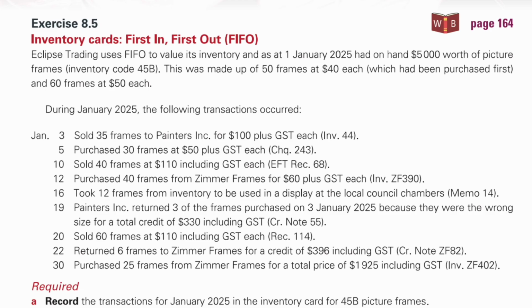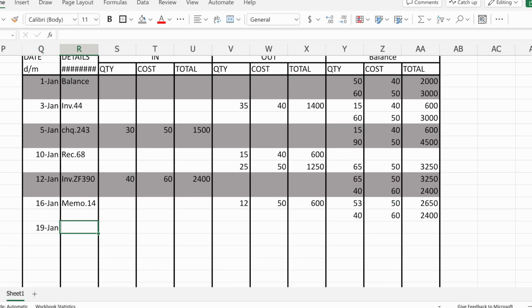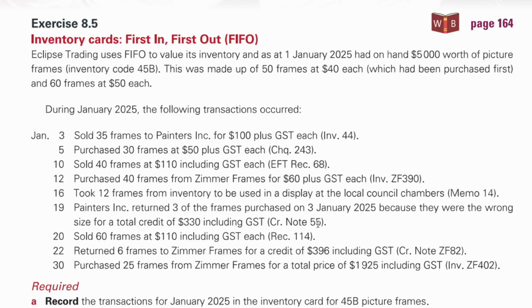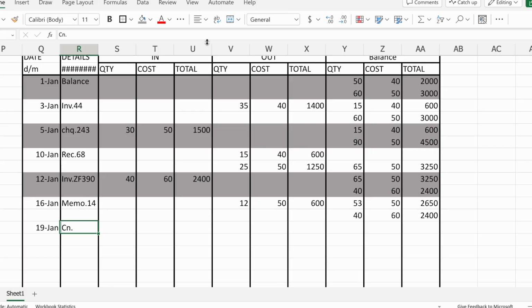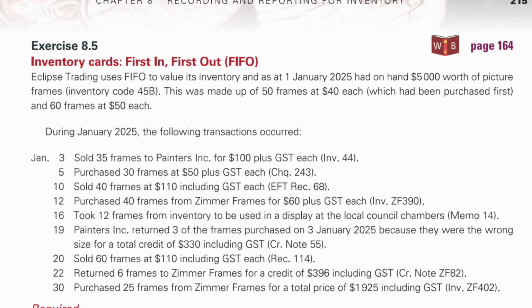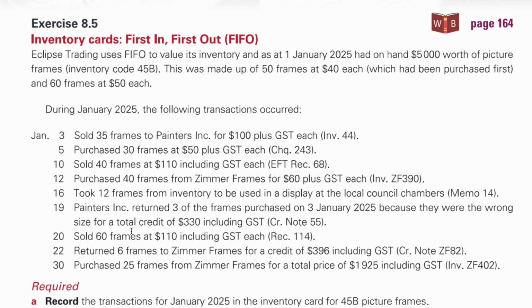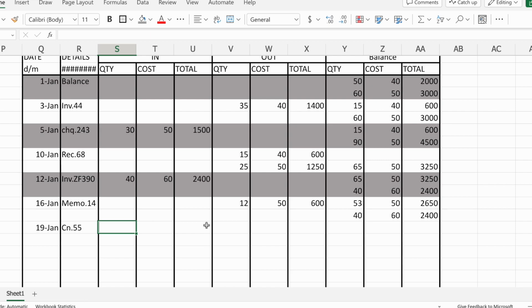On the 19th of Jan, it's recorded on a credit note 55. So CN 55, right? They returned 3. That's a sales return, meaning that you get 3 more. So there's an addition of 3 pieces of $40 inventory.